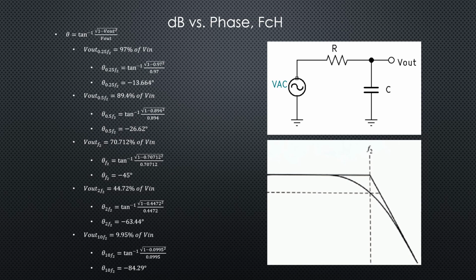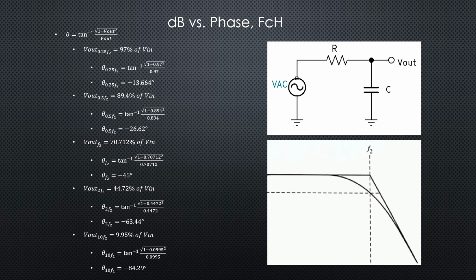And we've got our V outs already for each frequency relative to our cutoff frequency. So with that formula, we can just put in our 97% in fractional form.